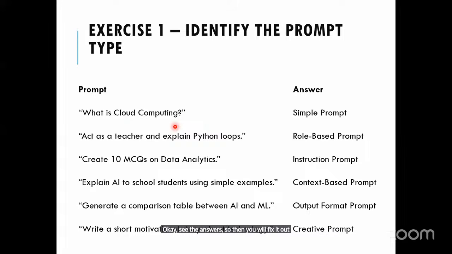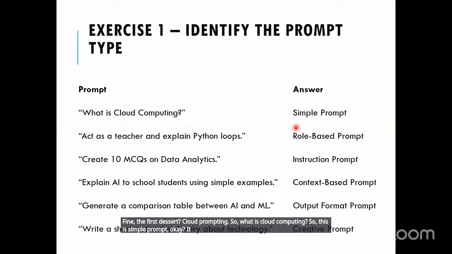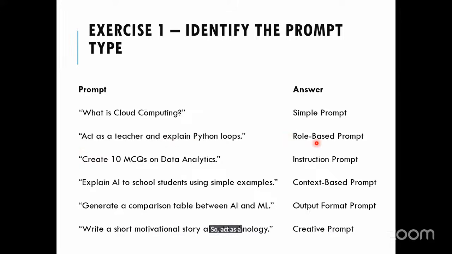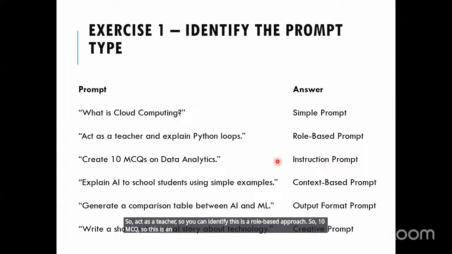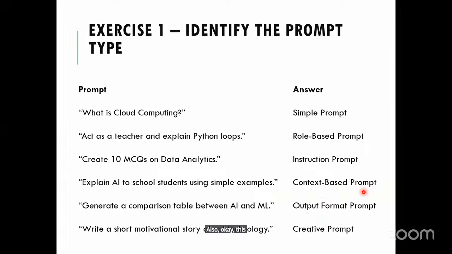Fine. The first is a cloud computing prompt. So what is cloud computing? This is a simple prompt, very simple. This is the first prompt we have seen. Act as a teacher: you can identify this is a role based prompt. 10 MCQ: this is an instructional prompt. Explain AI to school students: they have given the background information, so this is context based.